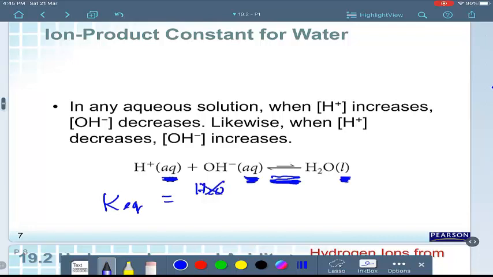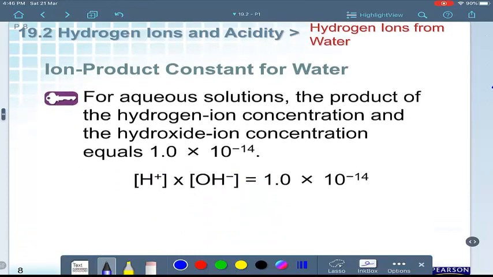No, it's liquid, so it's 1, divided by the concentration of hydrogen or hydronium, the same meaning, power 1, times OH, like this. The ion product constant for water is constant. They calculated its value and found that it's 1 times 10 power of negative 14. This is a K equilibrium.